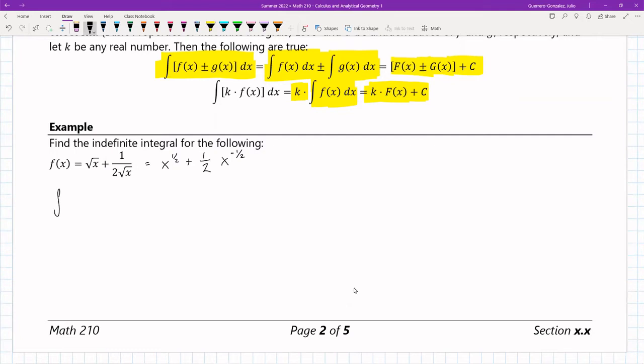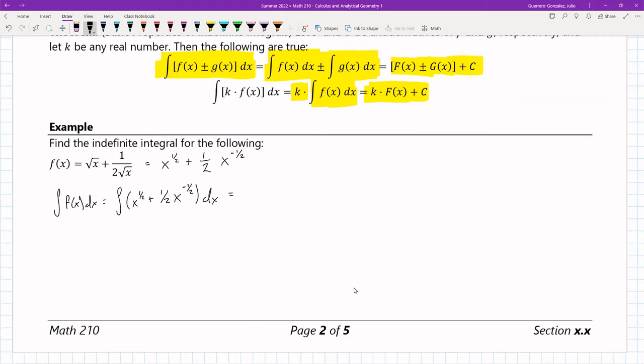So the integral of f of x dx is going to be equal to the integral of x to the 1/2 plus this rewrite, 1/2 x to the minus 1/2 dx.